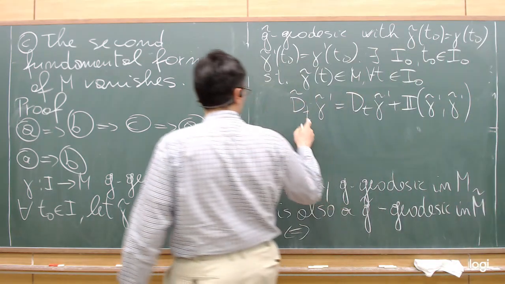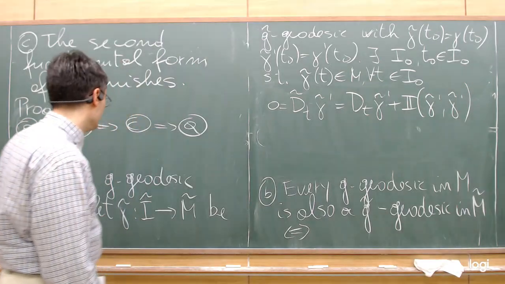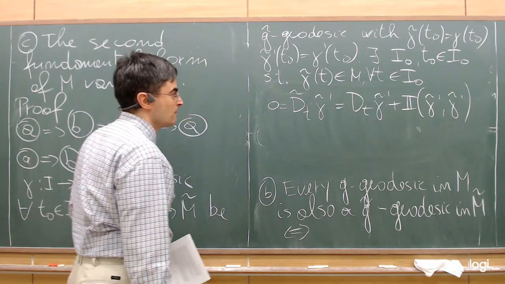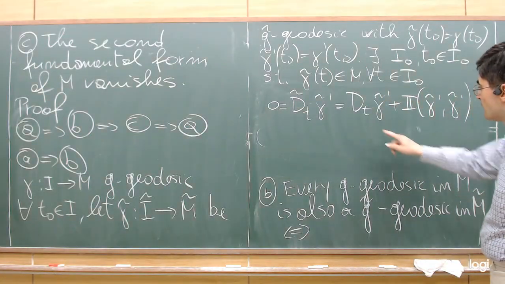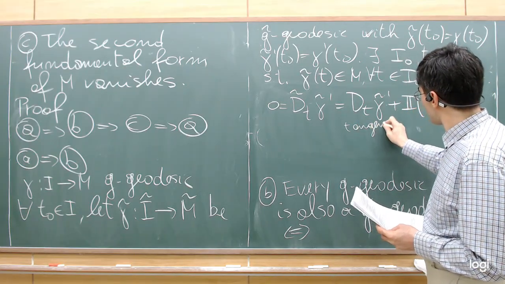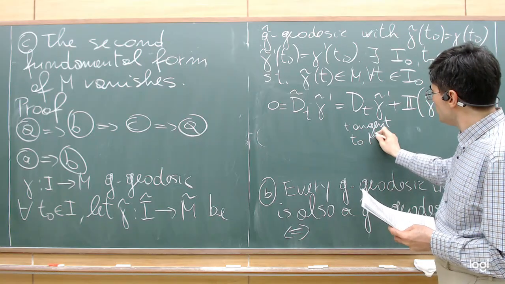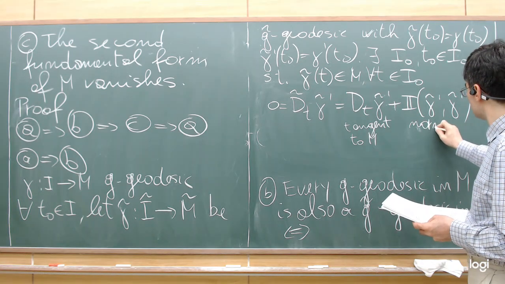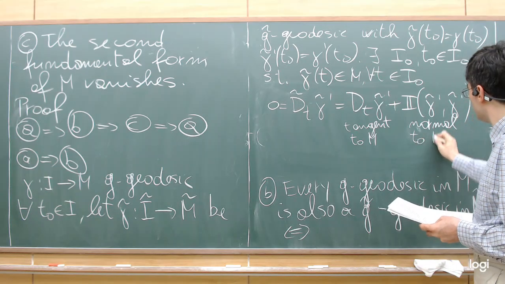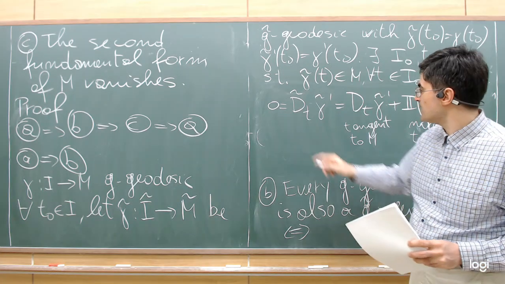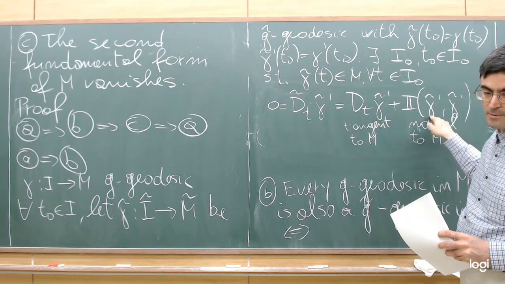Now this is 0 because gamma tilde is a G tilde geodesic, and now we observe that this is tangent to M, and this is normal to M. So if the sum of these two vectors is 0, then each of these vectors must be 0.